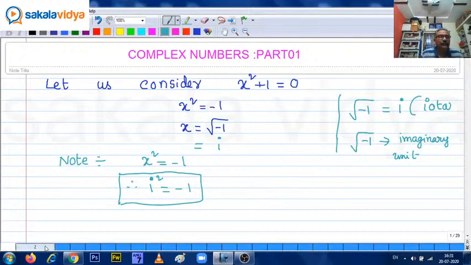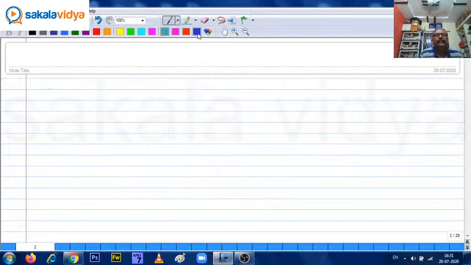So now let us discuss integral powers of I. This is a very important concept.